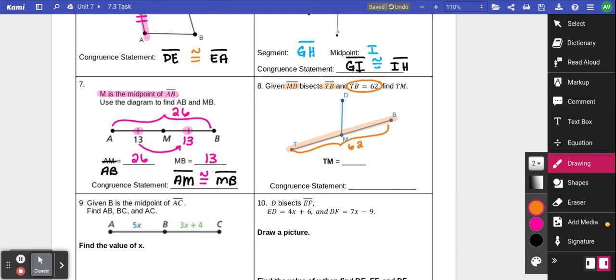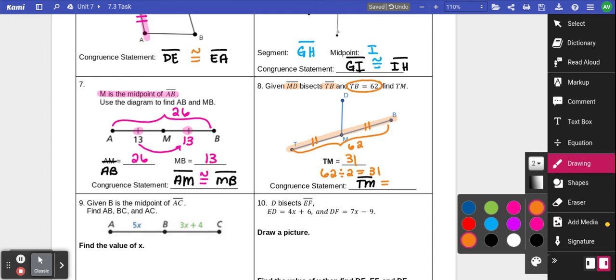Well, if I cut TB in half, then these two segments must be congruent. So I'm going to add some tick markings to my diagram. That means that I can find TM by just dividing 62 by 2, and that gives me 31. If I wanted to write a congruence statement here, I would say that TM is congruent to MB.